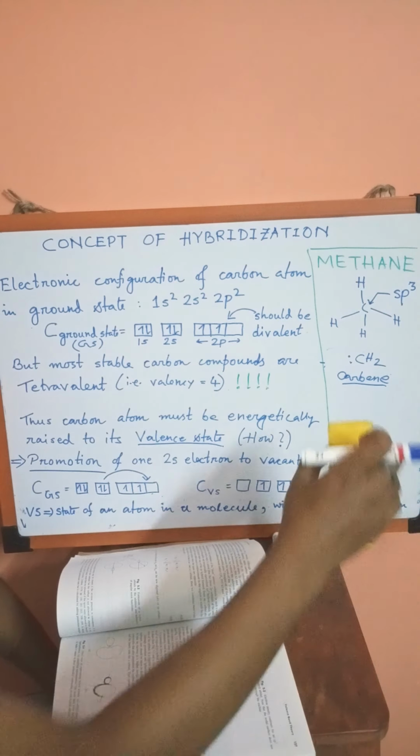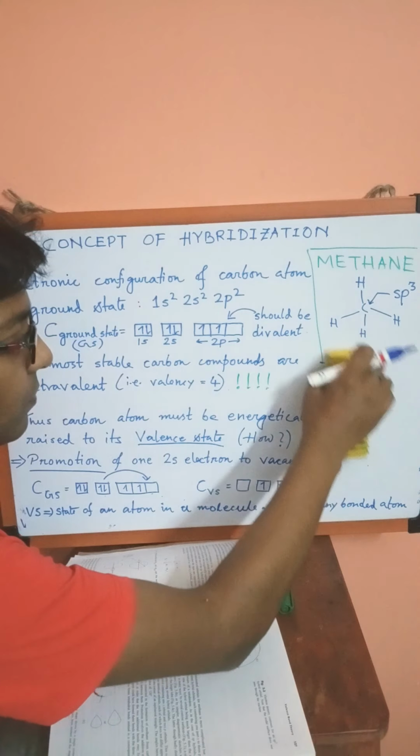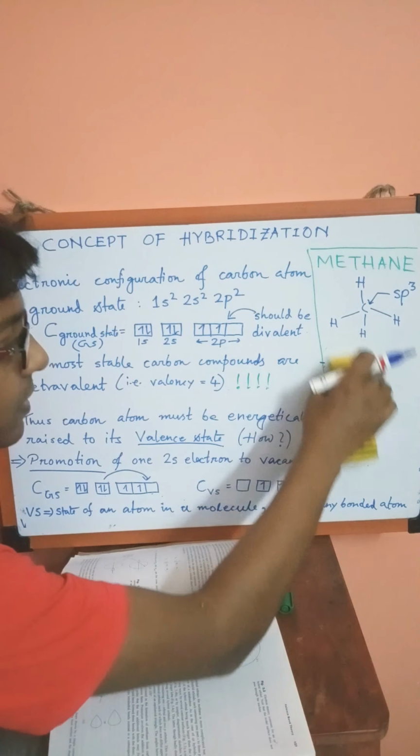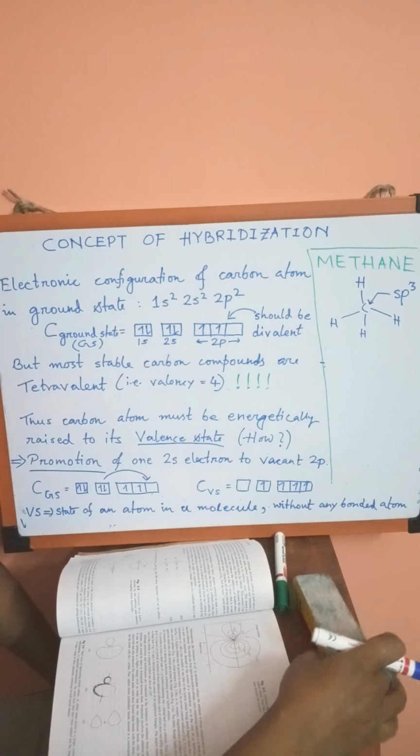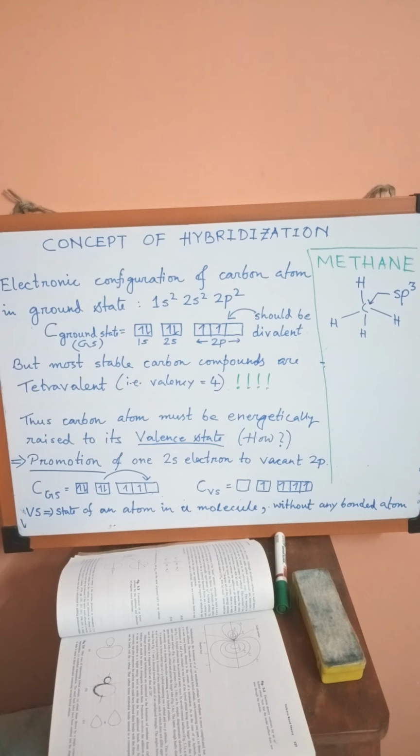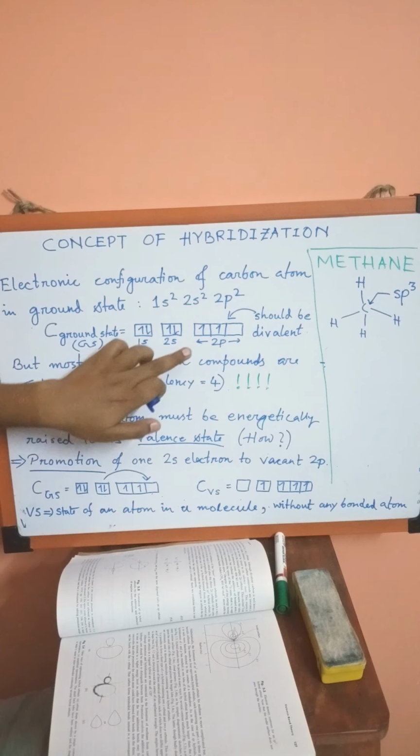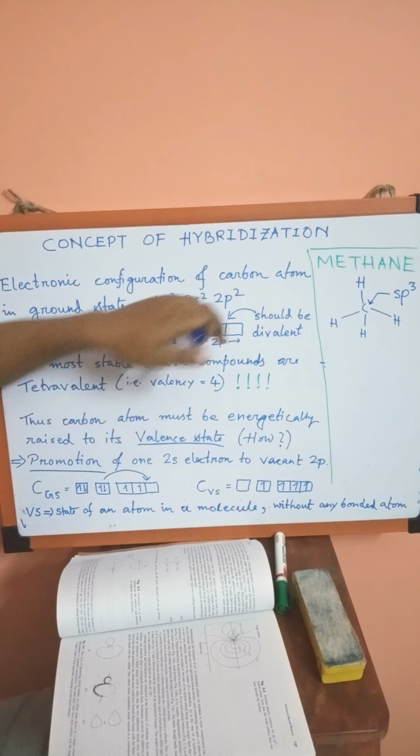But in most cases we find a tetravalent carbon atom, and these are the most stable carbon in nature. Then there is definitely something happening through which the carbon goes from the divalent state to the tetravalent state.